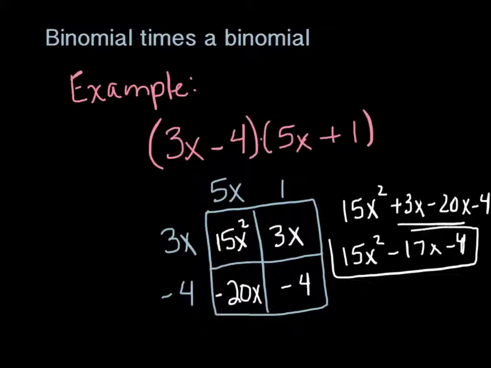Okay. Or, just so you know, you could have noticed that you have like terms in the box. You have 3x and negative 20x. Those are like terms. You could go ahead and combine them and go directly to this step. So 15x squared, 3x and negative 20x is negative 17x, and then your negative 4.